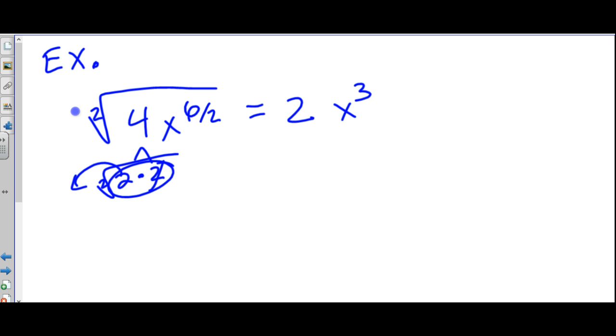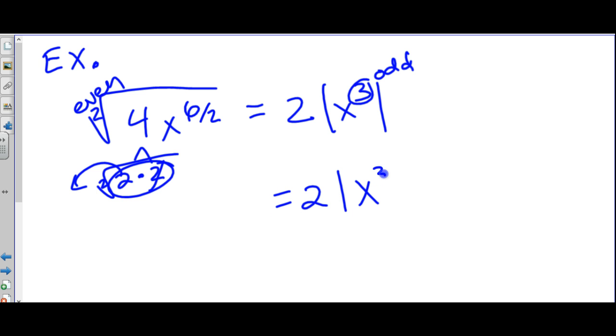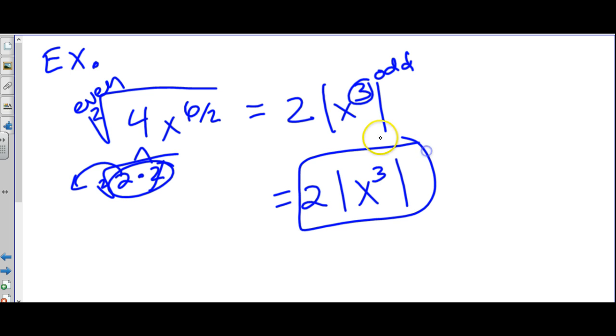So we have to check, okay, we had an even number out front. These absolute value bars never need to be applied to the numbers themselves, so we don't have to worry about that. But since we ended with an odd answer, we have to put absolute value bars around that. So our final answer is 2 absolute value x to the 3rd.